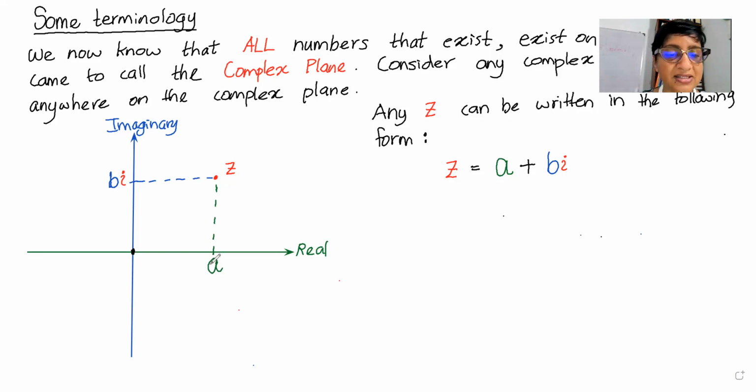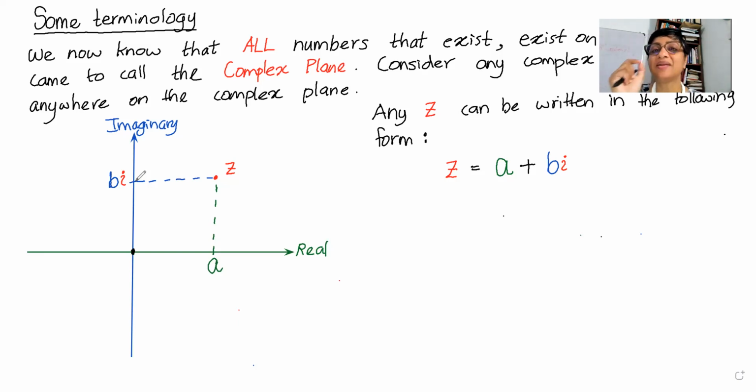Here A is whatever the component, whatever that number, depending on the position of your complex number Z, the real part that it has is A. It can be 5, 10, 9. It's a number on the real line. You see it, right? And BI is the imaginary number on the imaginary line.